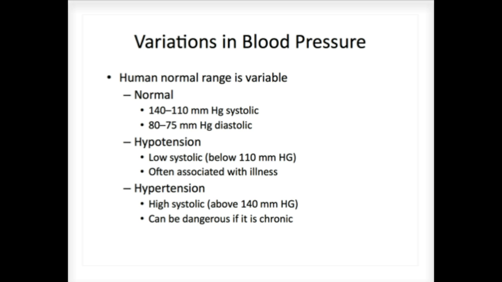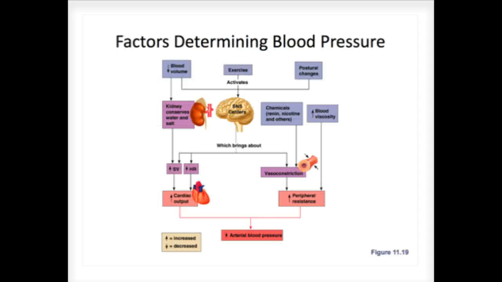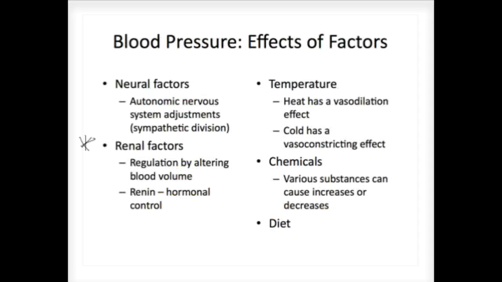Hypotension is too low blood pressure. Hypertension, which is what we hear a lot more about, is high blood pressure. Hypertension, again, is affected by all of those things we looked at in terms of diet, chemicals, temperature, different neural factors, etc.